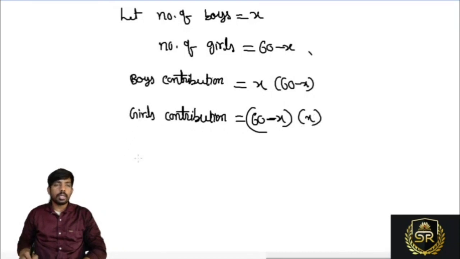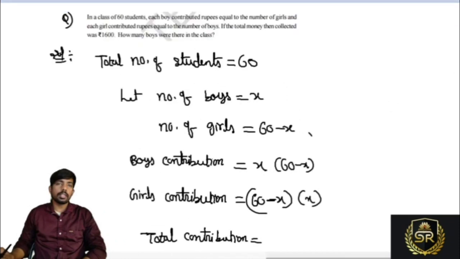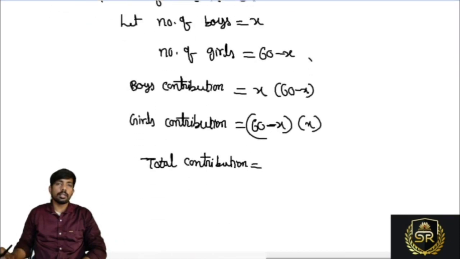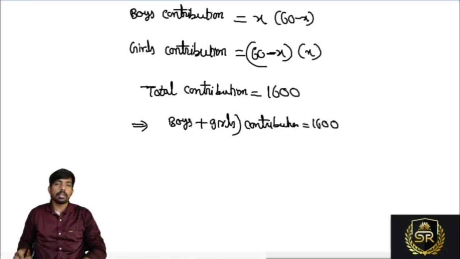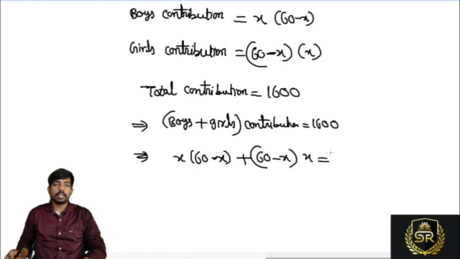So here the total contribution is 1600, given. Therefore, boys' contribution plus girls' contribution is equal to 1600. So x into 60 minus x plus 60 minus x into x is equal to 1600.